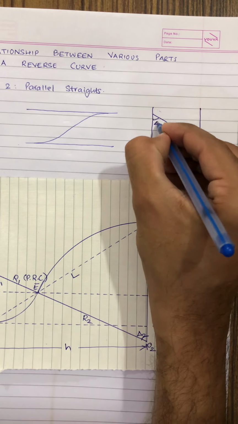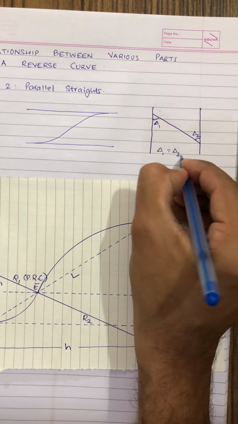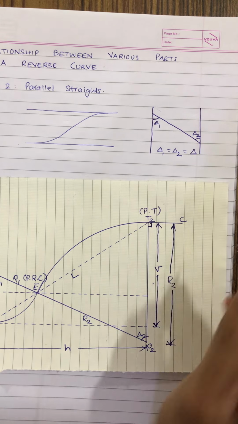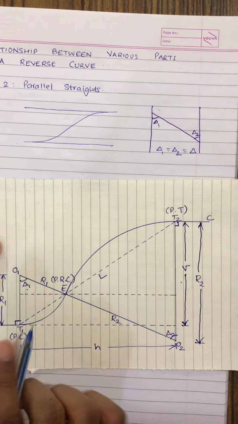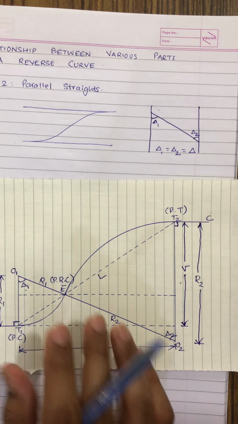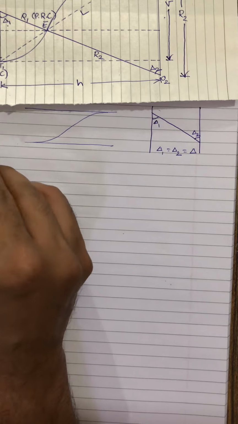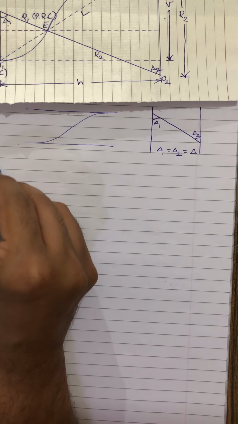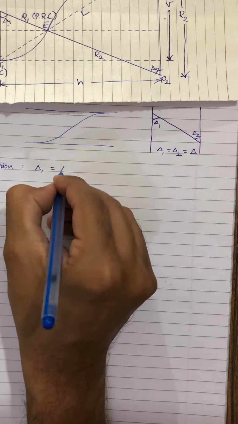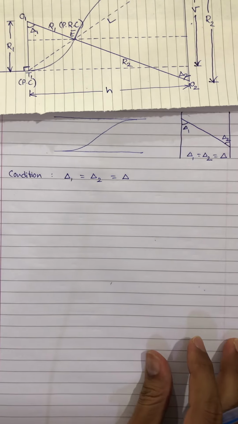So if this is delta 1 and this is delta 2, delta 1 will be equal to delta 2. Let us call it delta. So the condition is that delta 1 is equal to delta 2 is equal to delta.